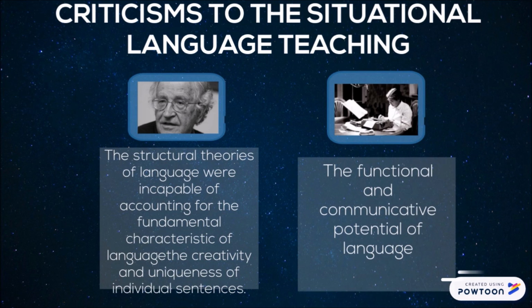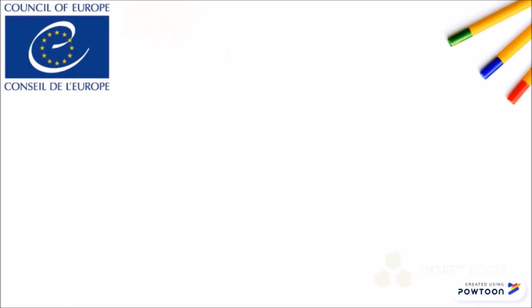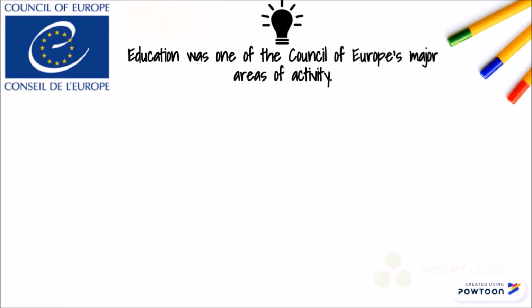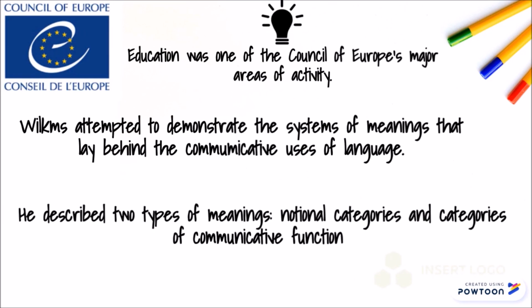The second one: British applied linguistics emphasized another fundamental dimension of language that was inadequately addressed in approaches to language teaching at that time, the functional and communicative potential of language. With increasing interdependence of European countries came the need for greater efforts to teach adults the major languages of the European common market.